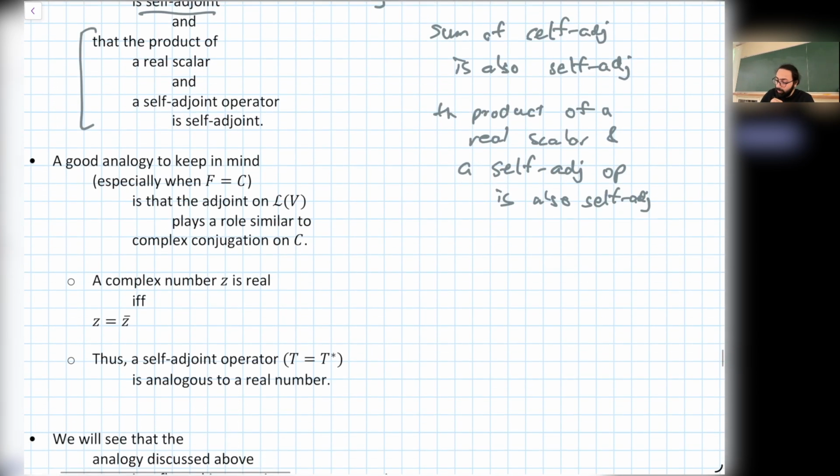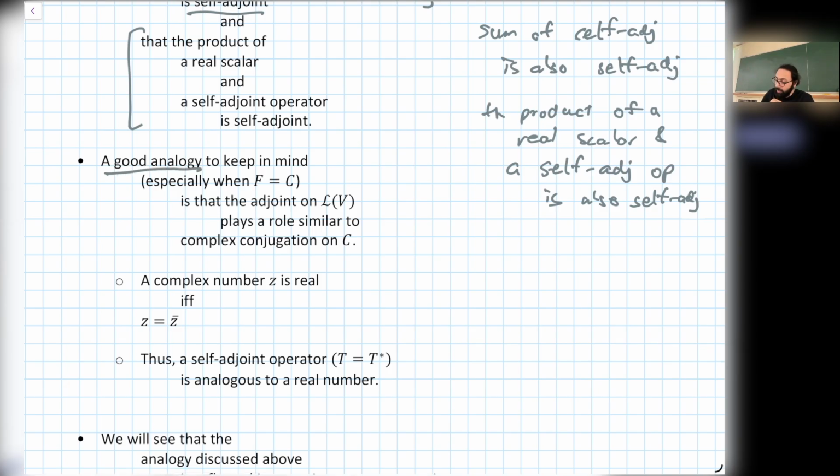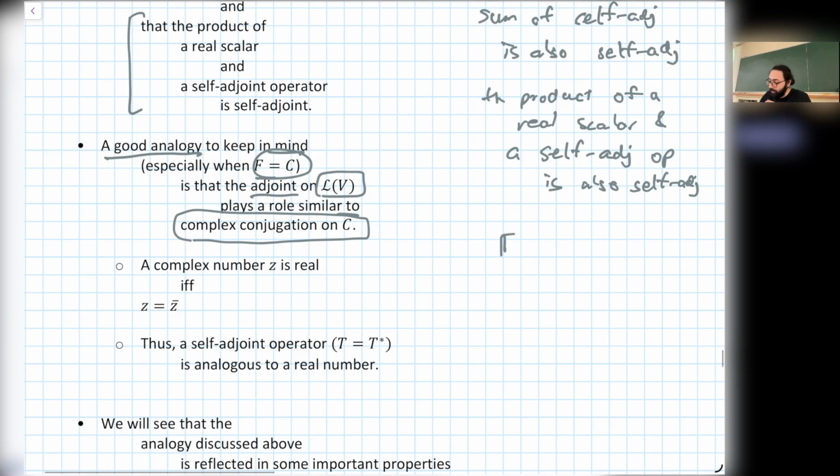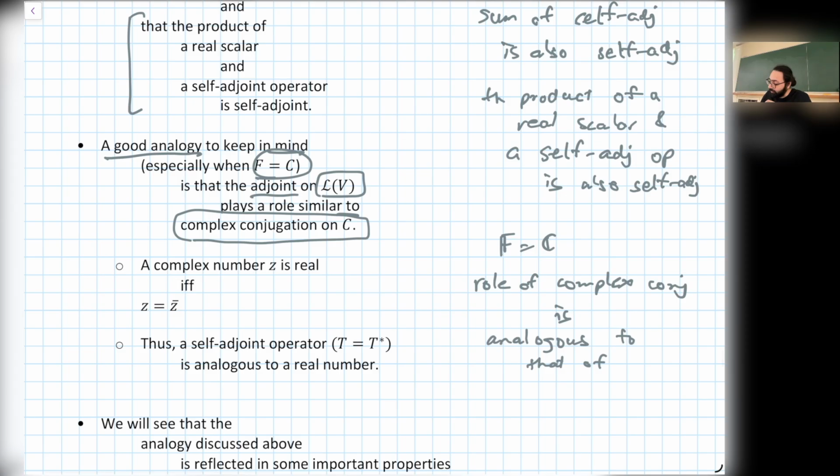There's nothing very complicated about this. All right. Now it says a good analogy to keep in mind, especially when we are in the field of complex numbers, is that the adjoint on the set of operators plays a role analogous to complex conjugation on C. So in the field F equals C, the role of the adjoint on the set of linear operators on V is analogous to the role of complex conjugation.